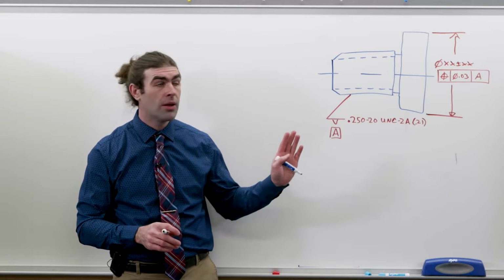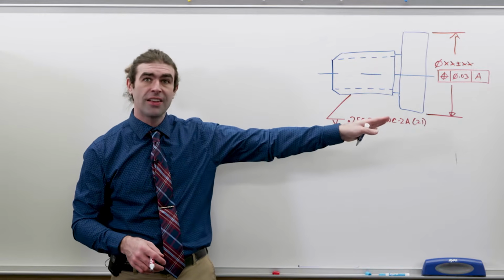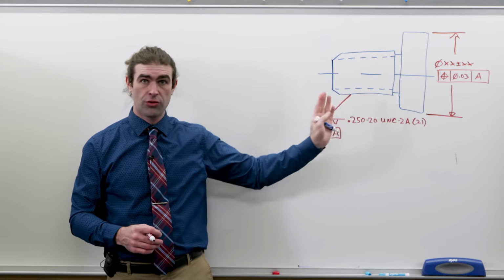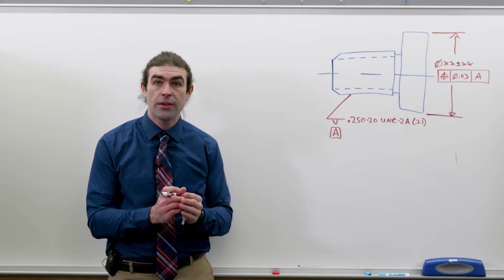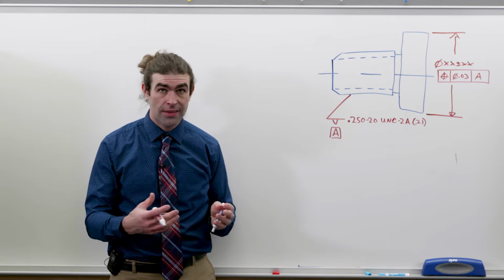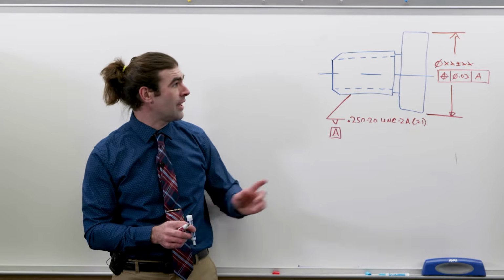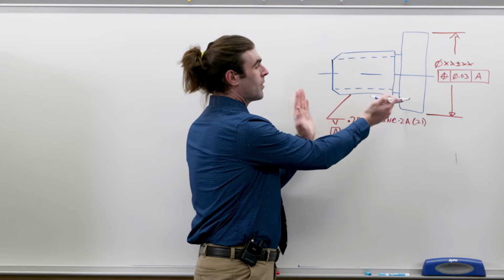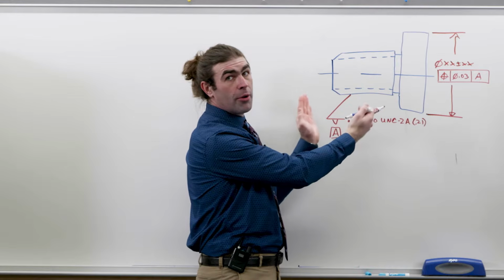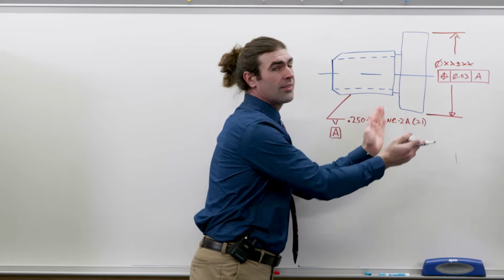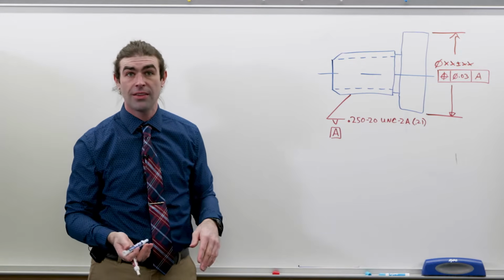So in this example, I've got a thread and then a diameter that's positioned to the thread. If the thread is what is controlling everything in that part, then it should be the datum if it's the most important thing. In this case, there's a whole lot more length for the thread to grab onto than there is for this diameter, so it makes sense as a datum feature.